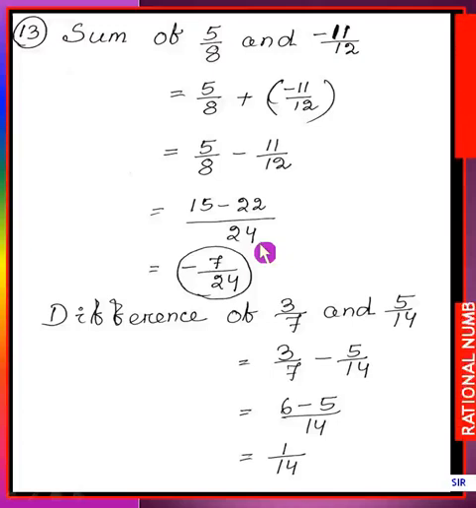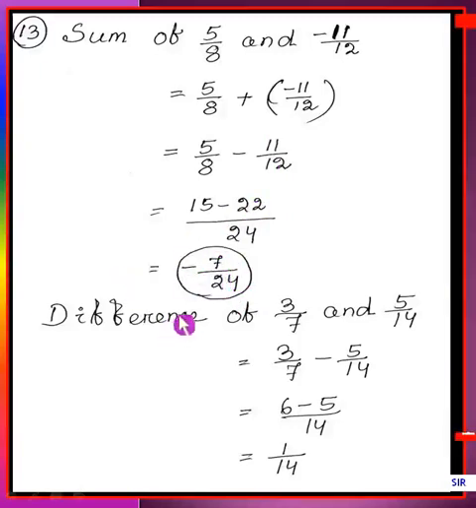LCM is coming 24. 24 divided by 8, 3 ja 24, 3 5 ja 15, minus 12; 24 divided by 12 is 2, into 11, 22. Now 15 minus 22 equal to minus 7 by 24.